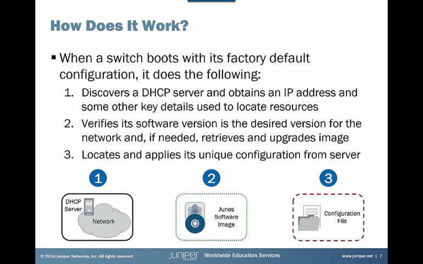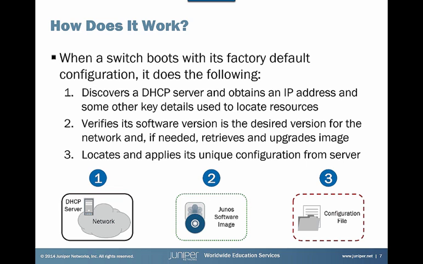So how does it work? Well, there's three basic steps or phases involved. The first phase is getting the switches, the EX or QFX switches, onto the network so they can communicate with the server holding the software image and configuration files. So the switch will discover the DHCP server and obtain an IP address and some other key details that are passed along through DHCP options, and we'll discuss that more here in just a moment.